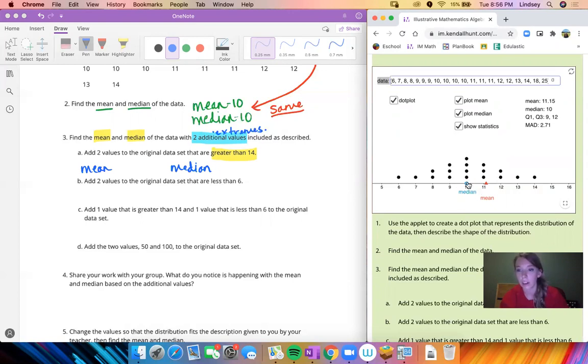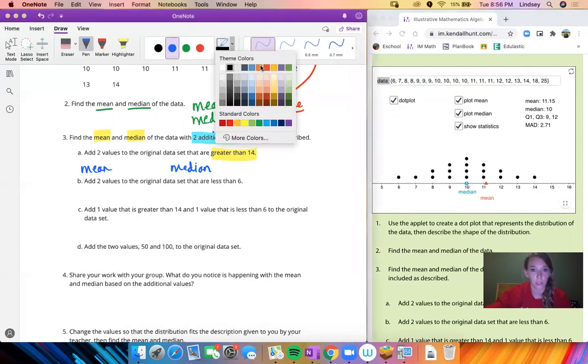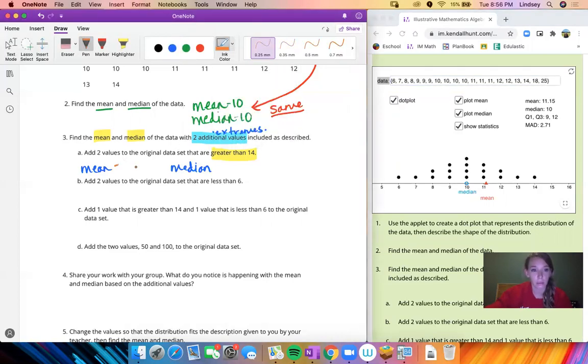Okay, so if I'm looking here on the graph, the median is still 10. And then what happened to the mean when we added that higher value? It became 11.15. So let's go over here and write that information down. Okay, so the mean is now 11.15.